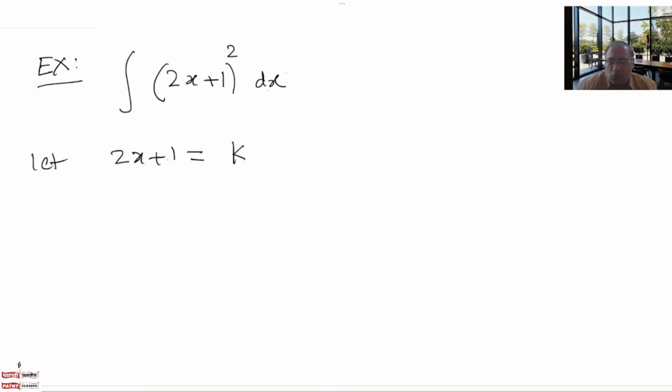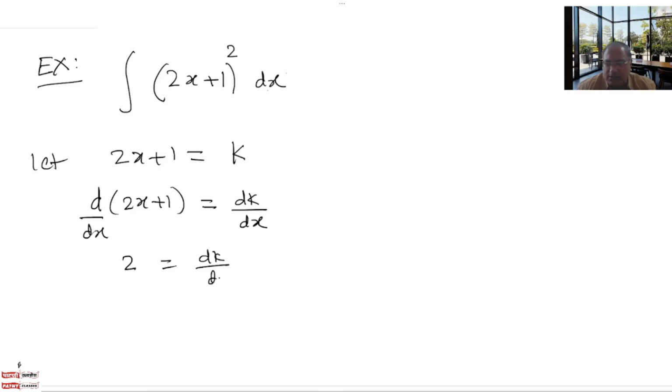As soon as you put k, to convert into the standard form, we differentiate 2x plus 1 with respect to x equals dk by dx, both sides with respect to x, because the variable is x here. The derivative of 2x is 2 equals dk by dx. So dx equals dk by 2.